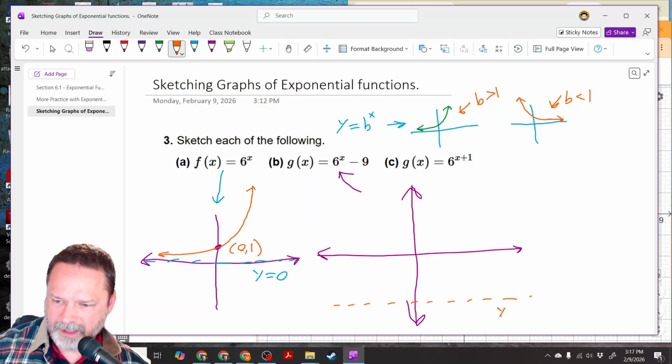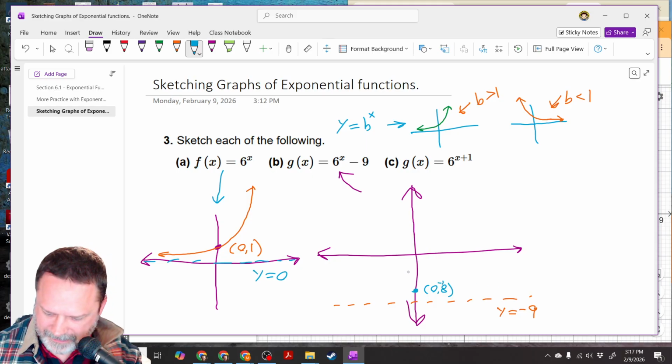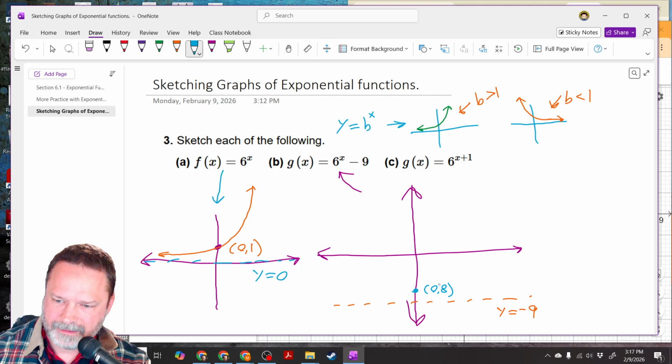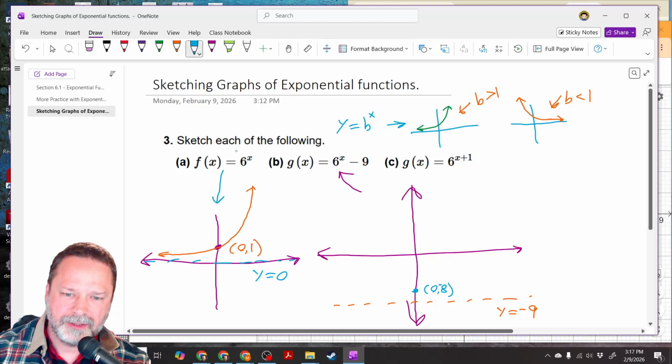It's going to be at y equals -9 because we're moving all our points down 9. We're going to still have a special point right above there, and that's going to be (0, 8), because we moved this point down 9 also. So, sorry, (0, -8).